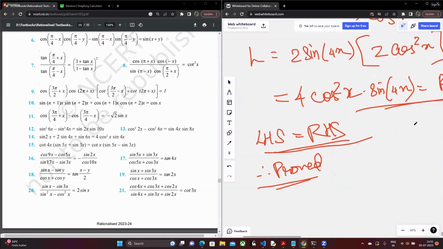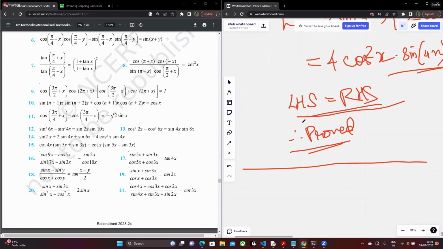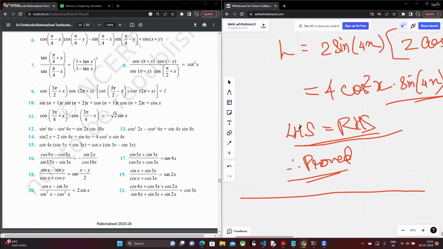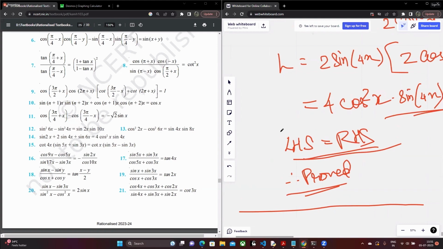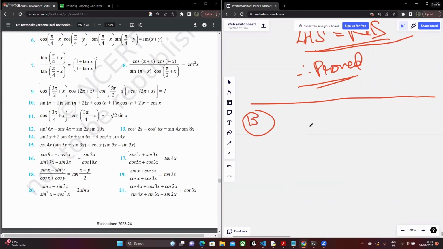All right. That's question number 14, right? Going on to question number 15. Cot 4x into sin 5x plus sin 3x is equal to cot x into sin 5x minus sin 3x. That's a better question, no? This kind of makes me think. Right. So first things, I'll write the question down.